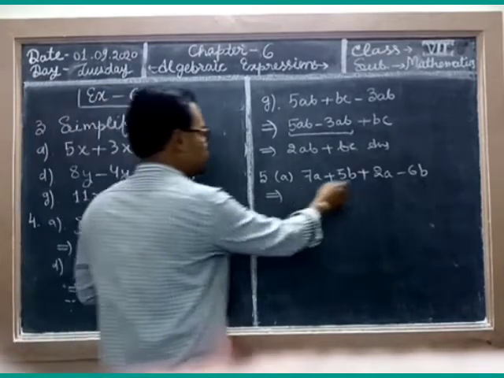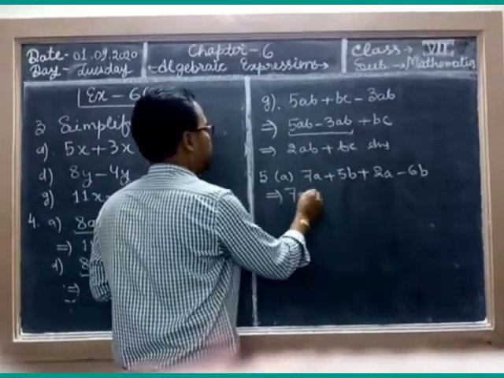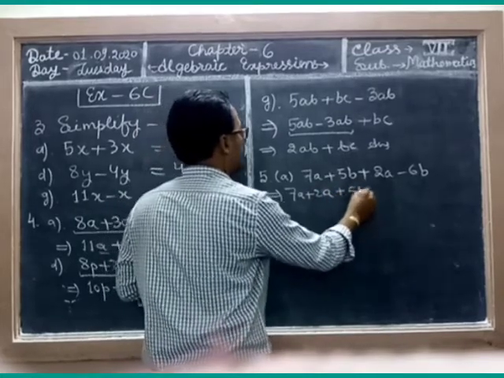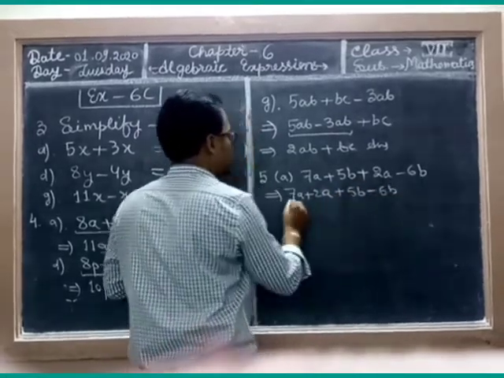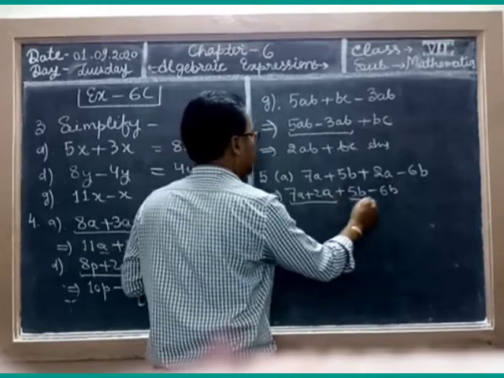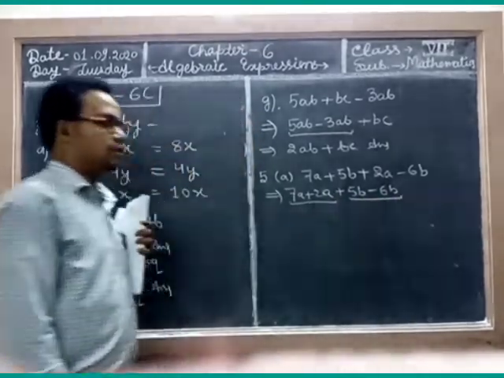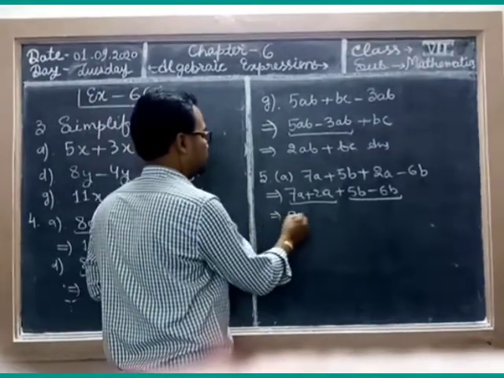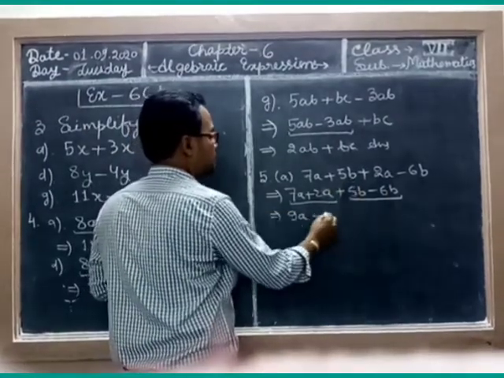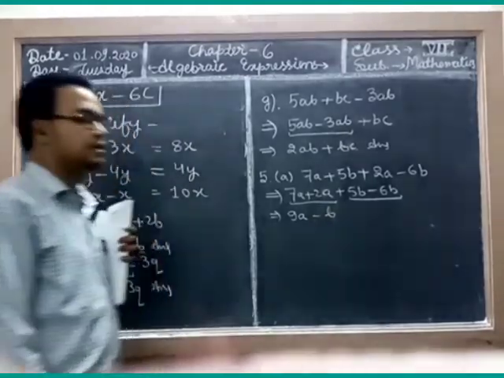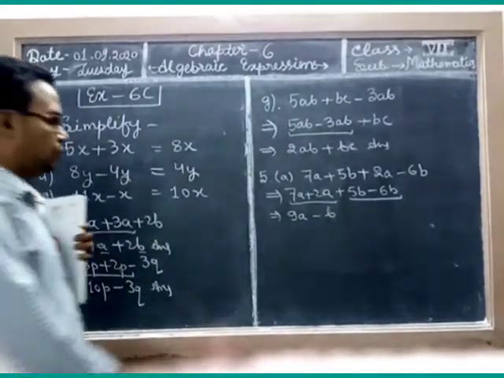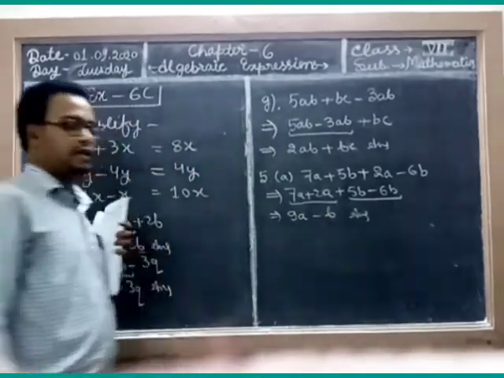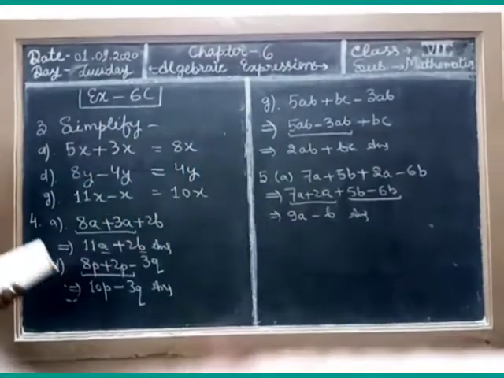So 7a plus 2a and 5b minus 6b. So they are like terms and they are also like terms. 7a plus 2a, that is 9a. 5b minus 6b, that is minus b. So this is the final answer because now they are unlike terms.